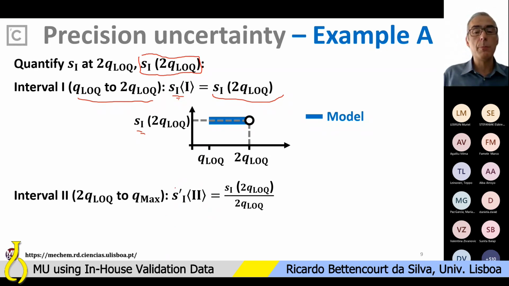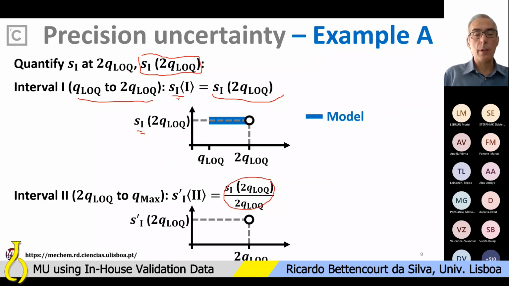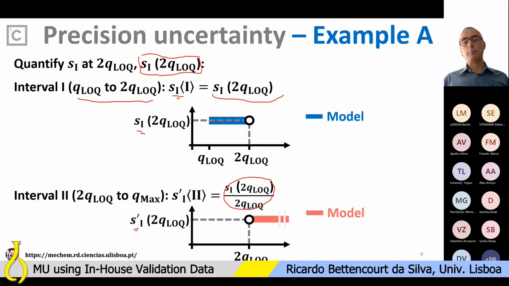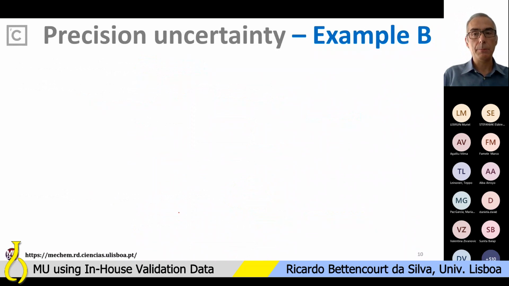We should look at the precision as a relative intermediate precision standard deviation, and then we take that relative standard deviation above 2 times the limit of quantification. This apostrophe is for a relative quantity, in this case a relative standard deviation.